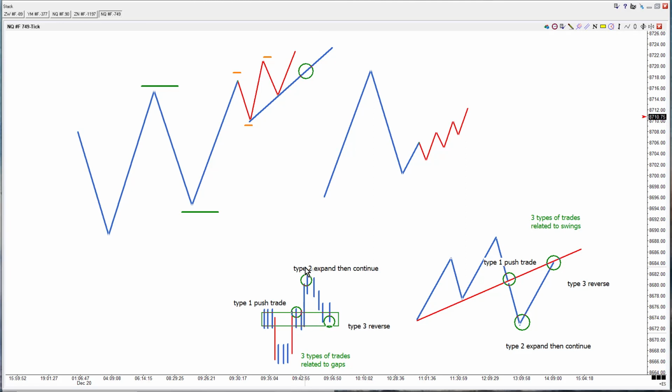Sometimes it wants to let a little air, create a little space before it. And that would be a type 2. And we all know that feeling when the market is just rolled and it's doing these little swings and we just hop on. And then we get pop, boom.